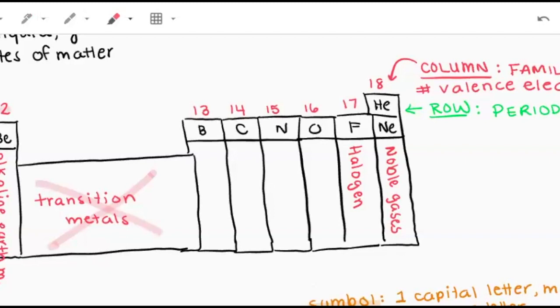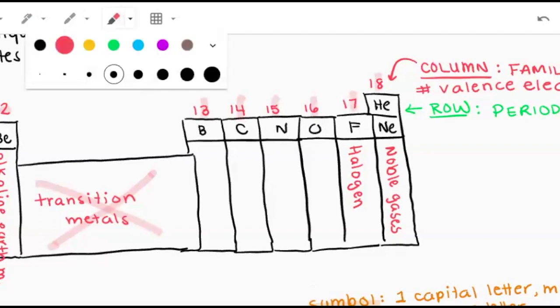When I skip the transition metals, I'm also skipping their counting of the family or the group number. So boron ends up with 3 valence electrons. Carbon and the rest of the column end up with 4, nitrogen 5, oxygen 6, fluorine 7, and neon 8. Helium's a bit of an exception.